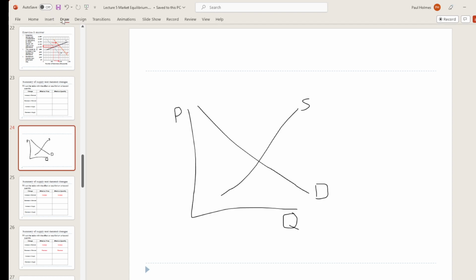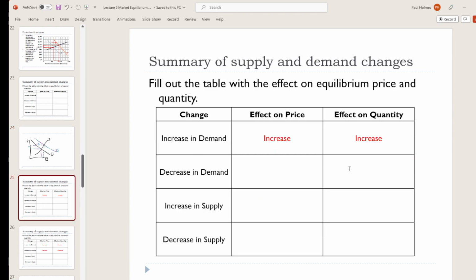There's my basic supply and demand curve, and then I'm going to shift my demand curve to the right. There is my new demand curve, and this has traced out an increase in price and an increase in quantity. And so again then I could go back to my table and fill this in.